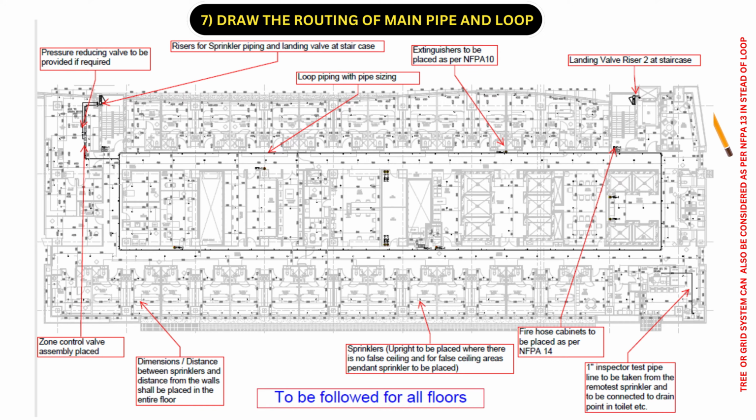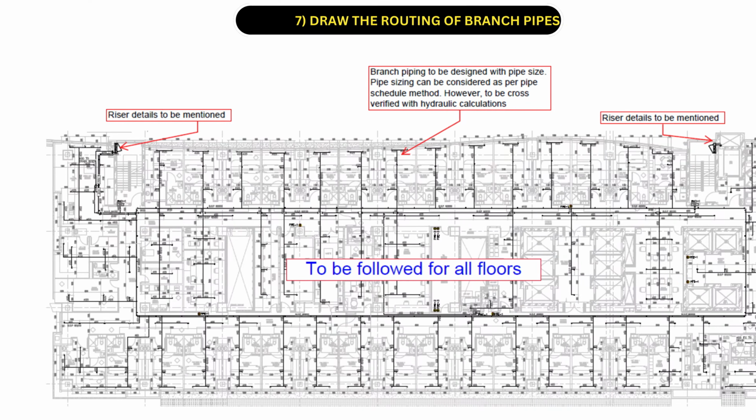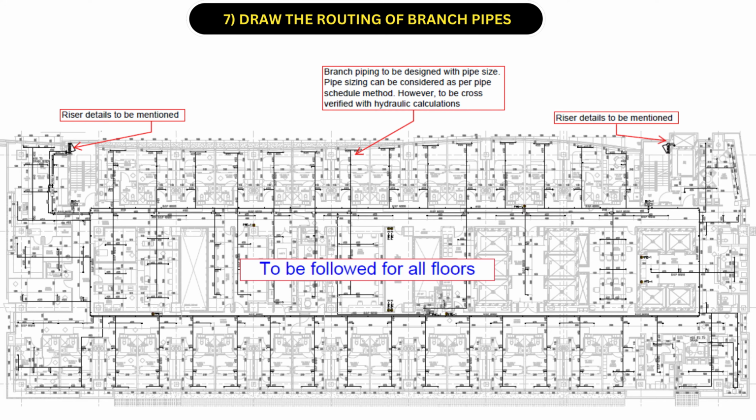And in the next slide we are going to draw the branch piping by considering the pipe schedule in order to find out the pipe size based on number of sprinklers. As I already told, we need to draw the branch pipes from the loop piping.